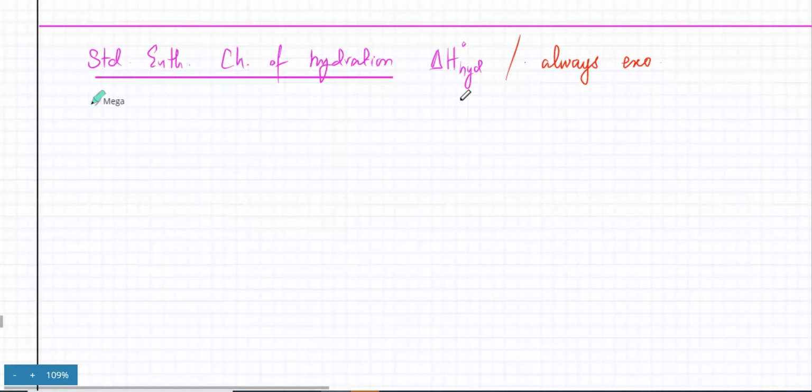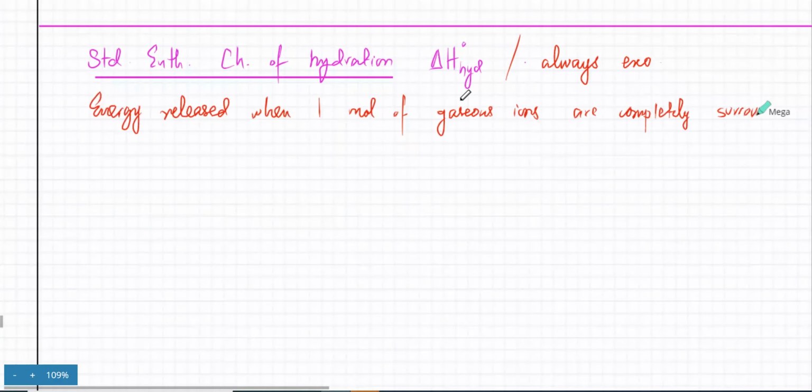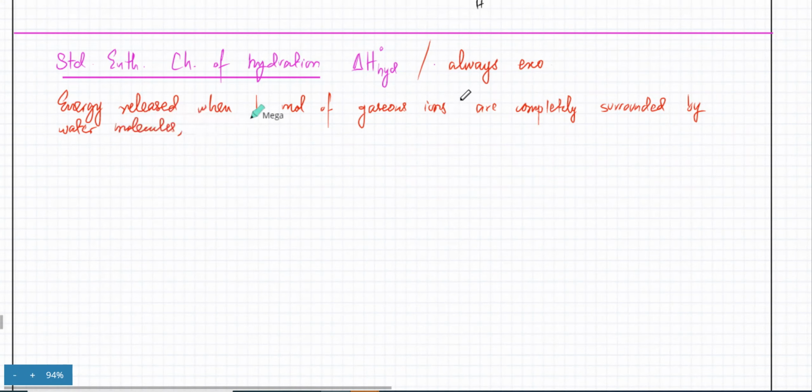It's the energy released when 1 mole of gaseous ions are completely surrounded by water molecules. Measured under standard conditions.